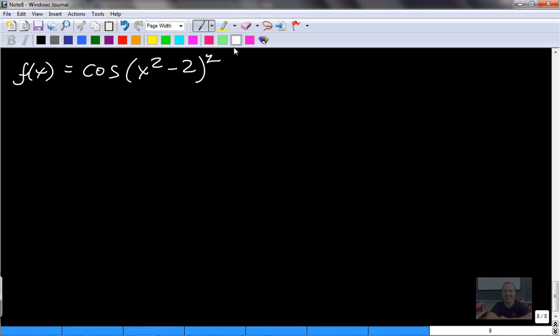So with this notation, you have to try and figure out what the outside function is. The outside function is the cos. Right? Makes sense. The next function is this right here, including that squared. So we have the blah squared.